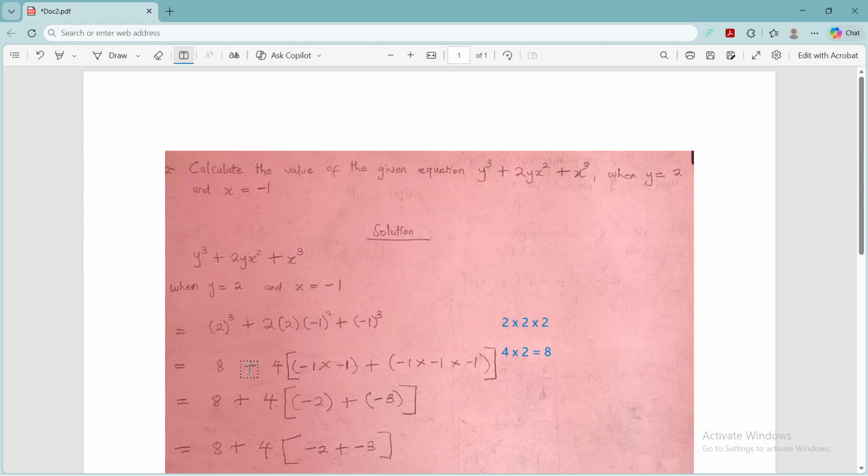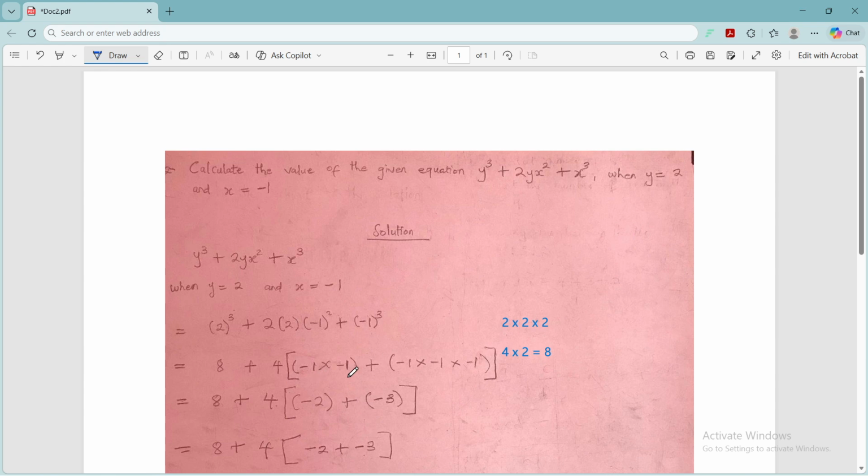So 8 plus 2 multiplying 2, okay? 2 multiplying 2 here will give us 4, right? And -1 squared is seen as -1 multiplying -1, right?